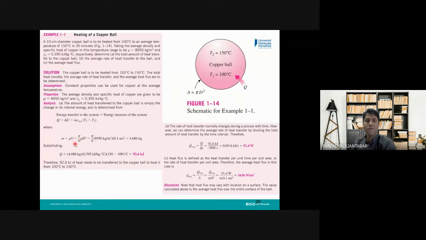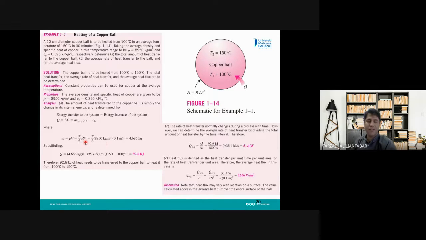How about V, or the volume of the ball? Simply, we have a ball here, we have its diameter, then we can calculate its volume. Pi by 6 d to the power 3 is the volume of the sphere, or the ball here. So m is pi by 6 rho d to the power 3. We have rho, or density here.